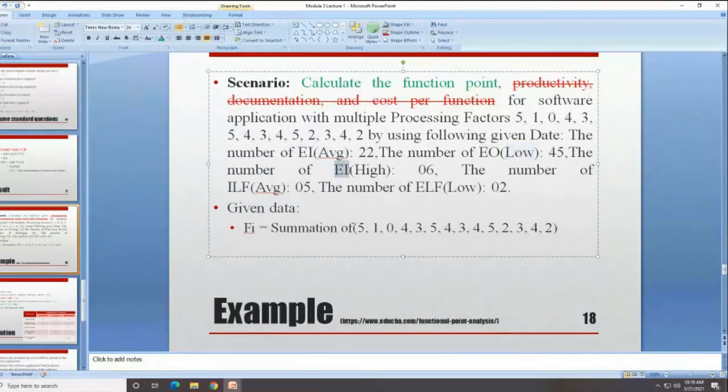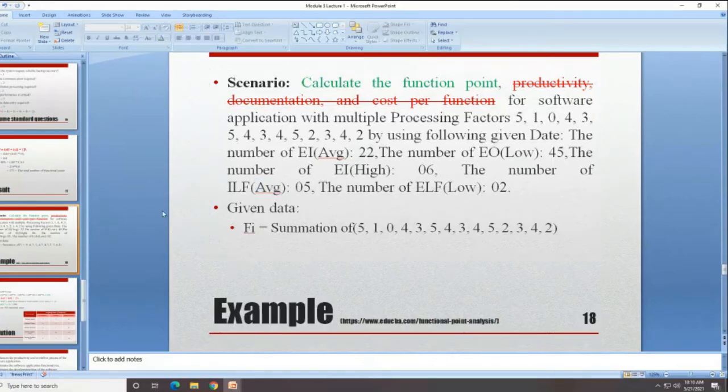Likewise, for external input, they have given average and high complexity. How many are there? 6 numbers are there, right? Likewise, the number of ILF is 5, internal logical files are 5, and the complexity is average. Like that they have given. So from this we will be able to calculate the value. So let us see how it is calculated.